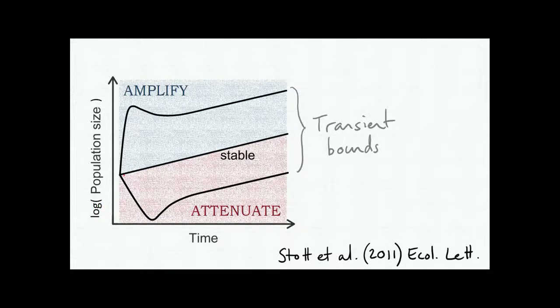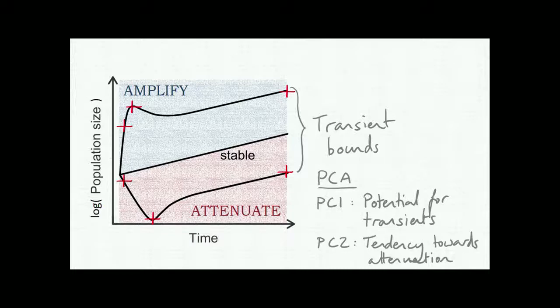We can measure lots of different points along these transient bounds, and then do a principal components analysis. What you get out of that is the first principal component, which gives you the potential for transients, so how wide these transient bounds can be. And the second principal component gives you a tendency towards attenuation, so how much more the population is likely to attenuate over amplify.